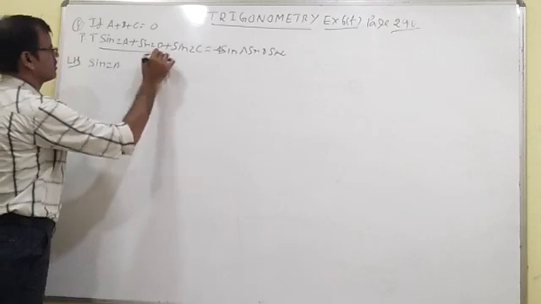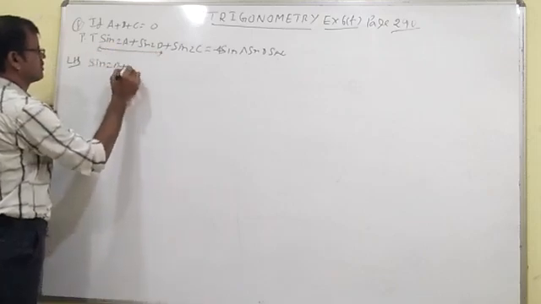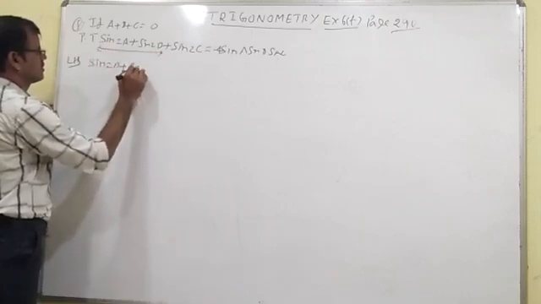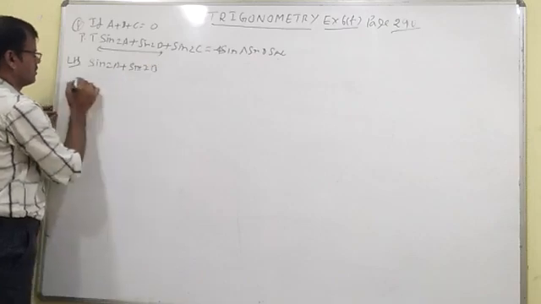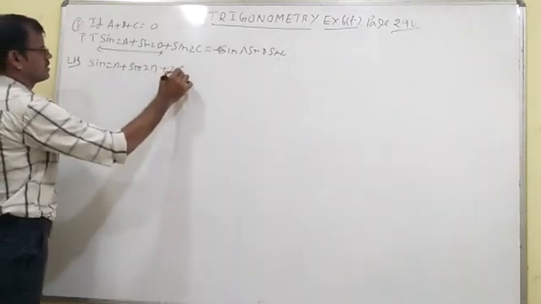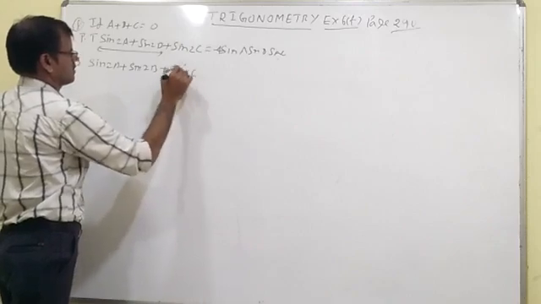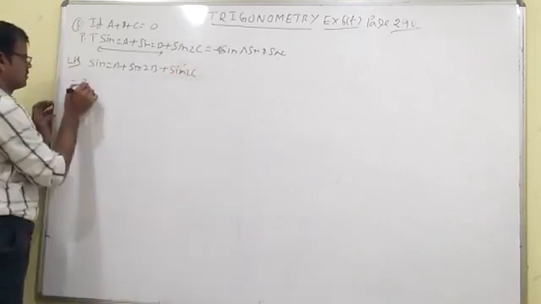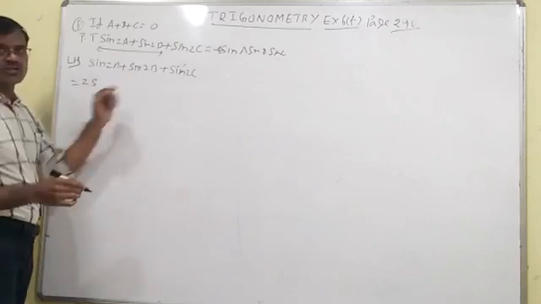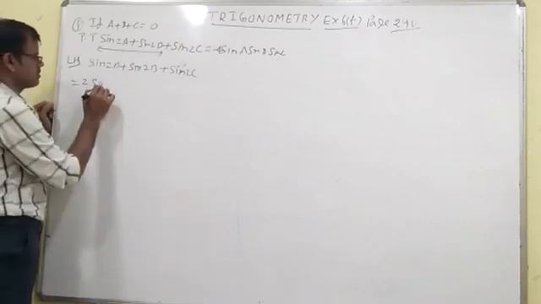Sin c plus sin d. Plus the sin 2c formula, 2 sin c cos c. Well understood: 2 sin (c plus d) by 2 cos (c minus d) by 2.